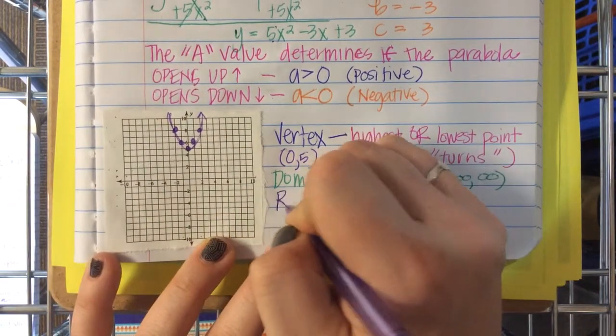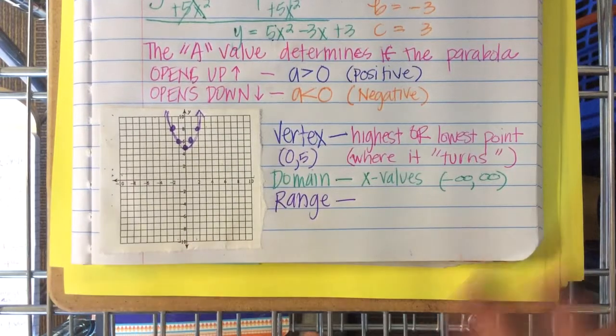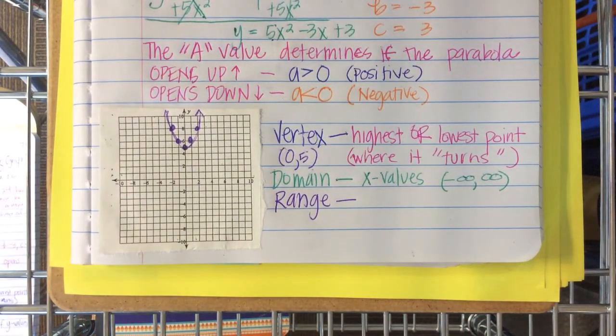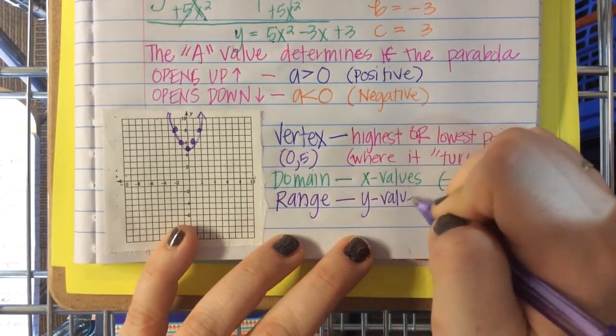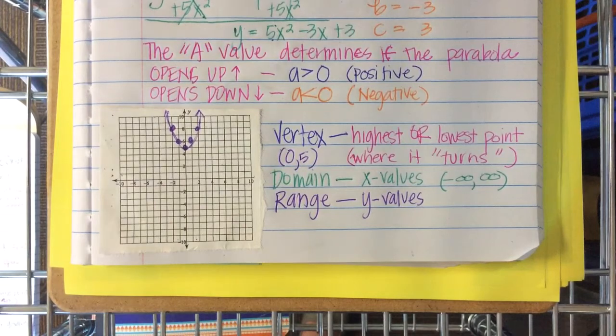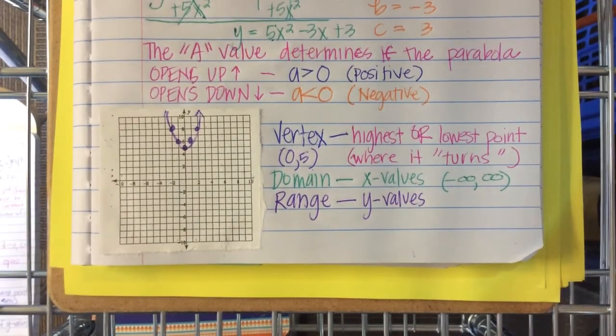The range, however, changes for each parabola. Because I know every parabola gets wider and wider and wider forever. But the y values, only one of them goes on forever. One of them stops. Why?